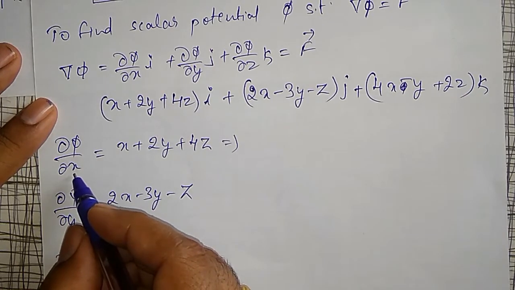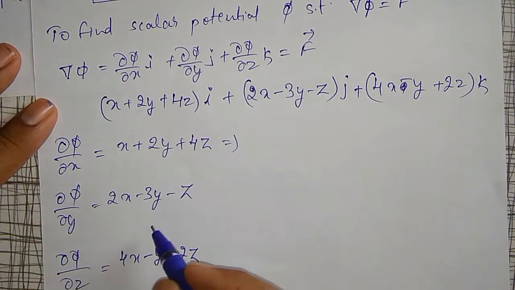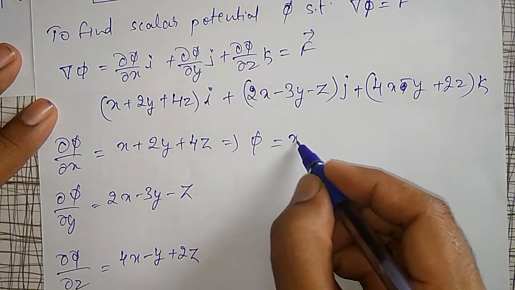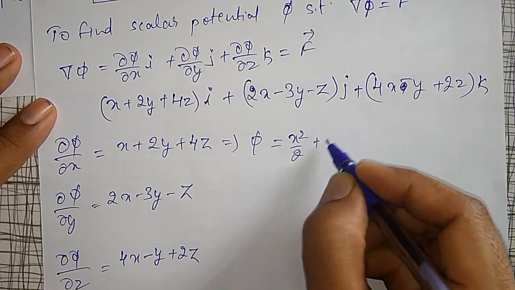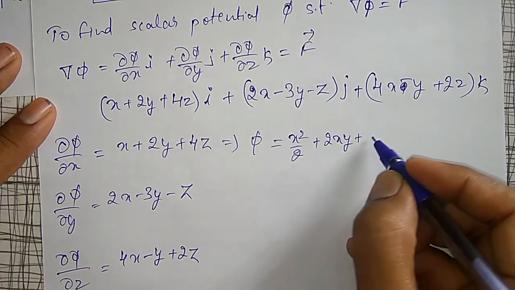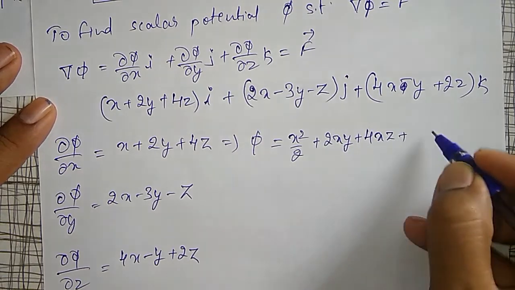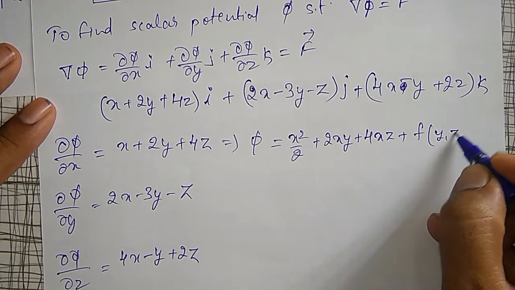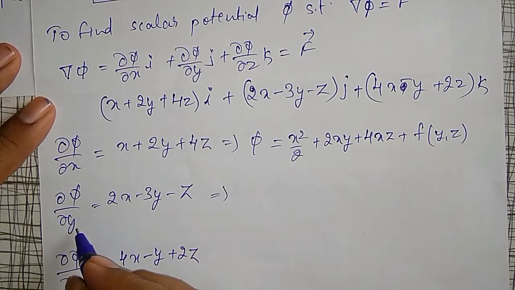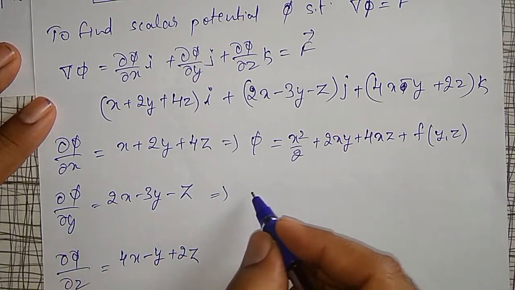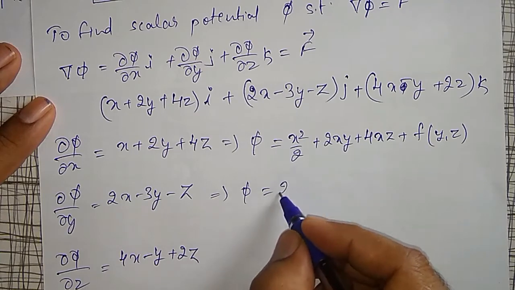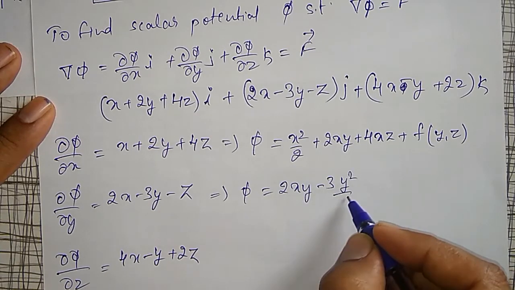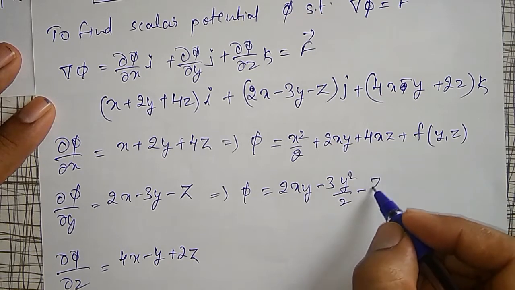Integrating with respect to x and treating y and z as constant, phi is equal to x square divided by 2 plus 2xy plus 4xz plus some function of yz. Similarly, integrating this one with respect to y, that is 2xy minus 3y square divided by 2 minus zy plus some function of x comma z.